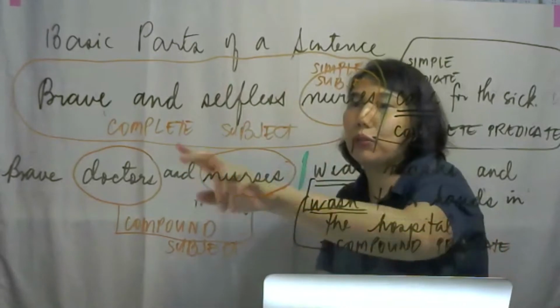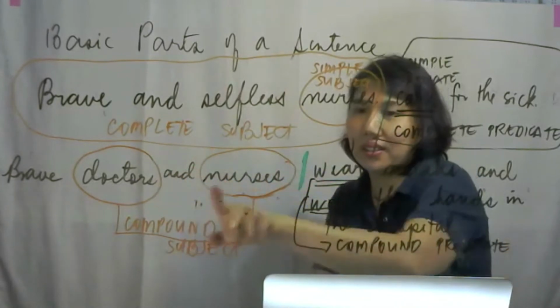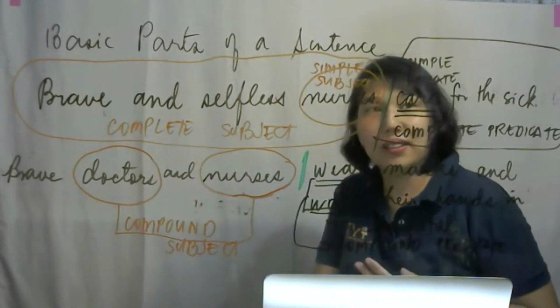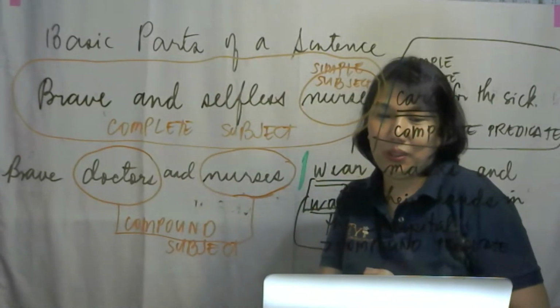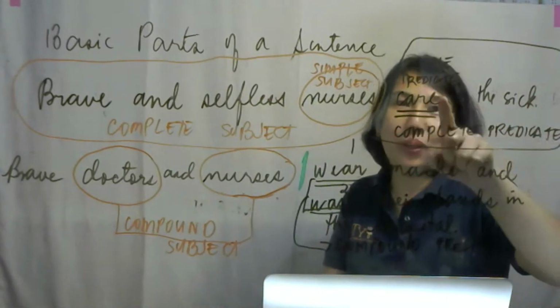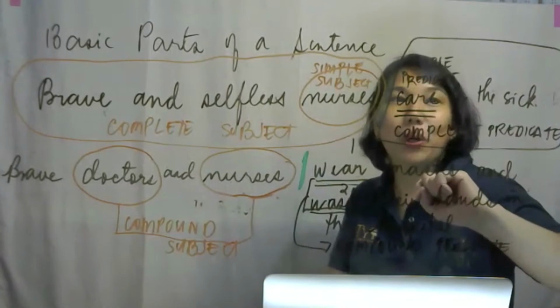Now if you have two or more nouns or pronouns within the subject part of the sentence, then you have a compound subject.